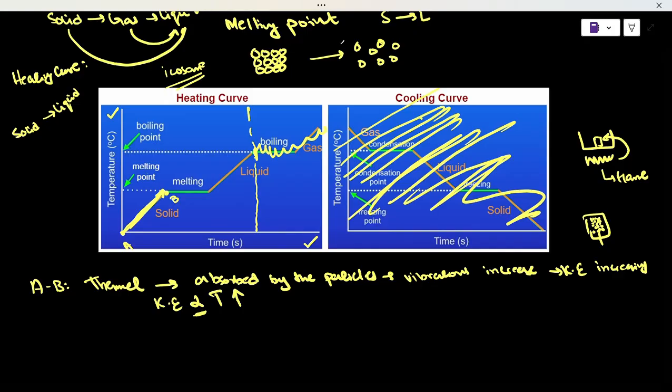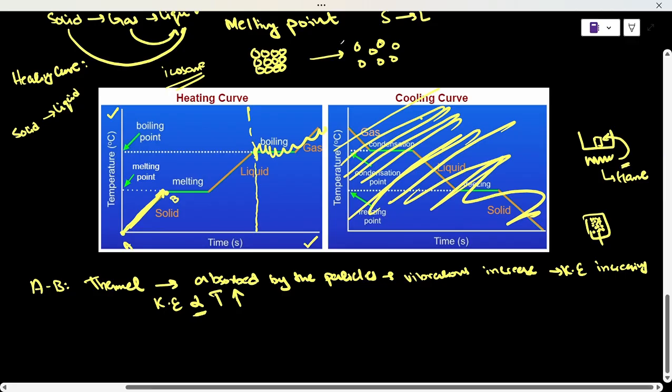So from point A to point B, you're providing thermal energy to this isocene material, and because the particles are absorbing energy, they now have more energy, the vibrations or movements are increasing, the overall kinetic energy is increasing, and the temperature is increasing.